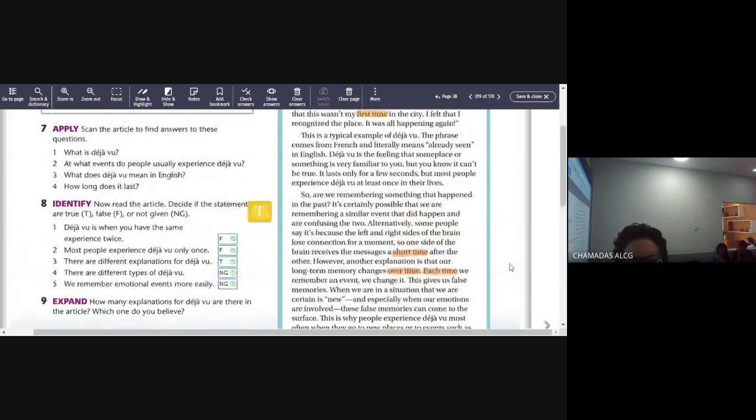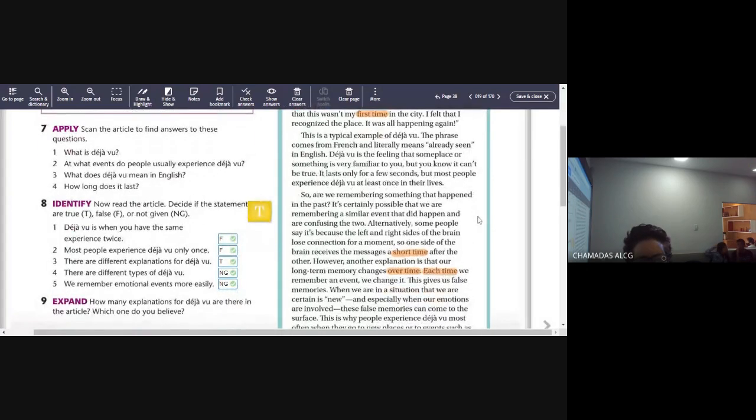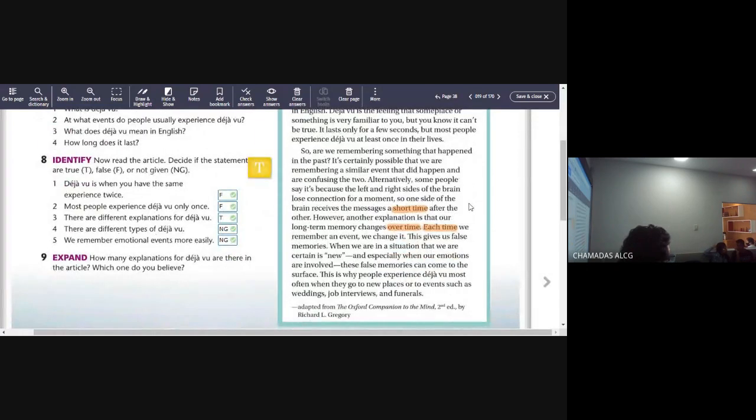So let's see if we can find it without checking the answers first. How many explanations do you think they show us? 3? And which one do you believe?